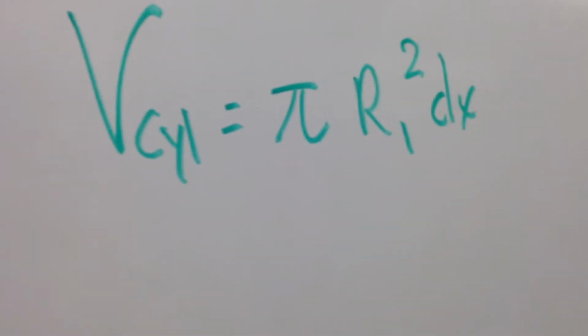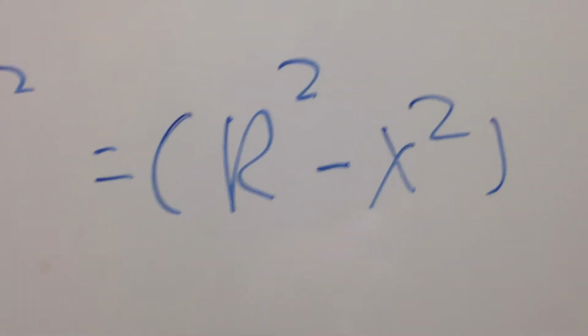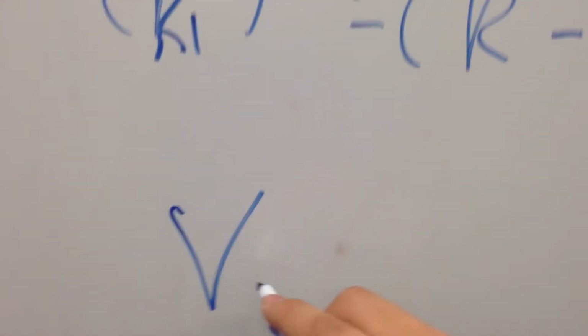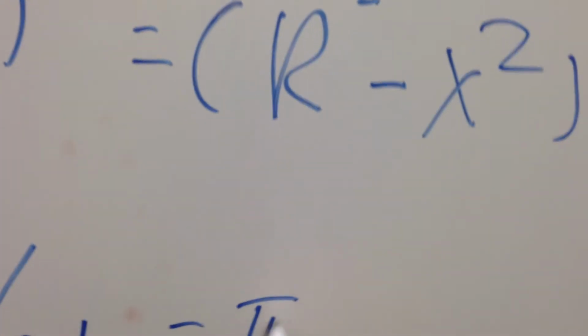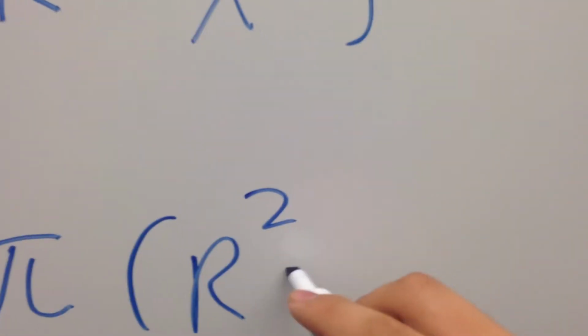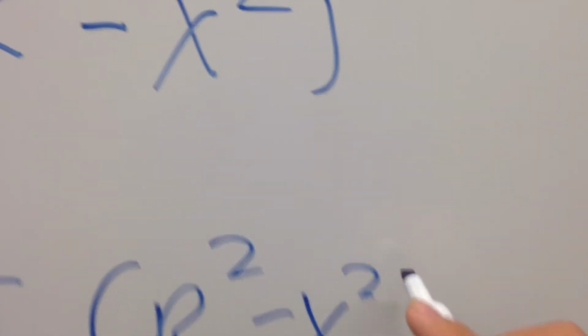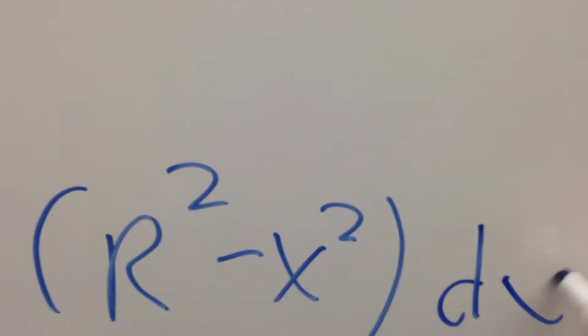The volume of the center is just pi r squared dx. So this is pi r squared, I mean, this is r1 squared, right? So the volume of this little cylinder, we can say, is pi r1 squared, which is pi times r squared minus x squared dx.